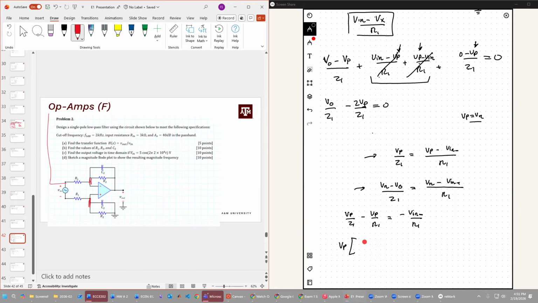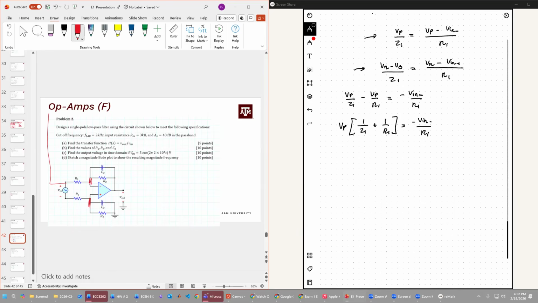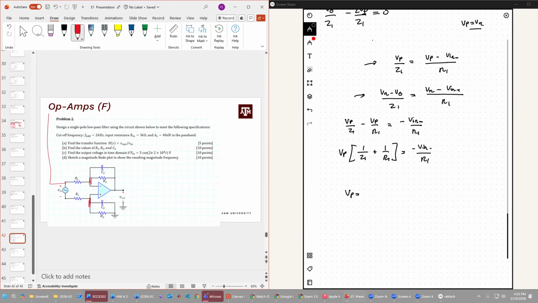Vp times 1 over Z1 plus 1 over R1. And VP simply becomes a product over the sum kind of deal, and the R1s are going to cancel out.